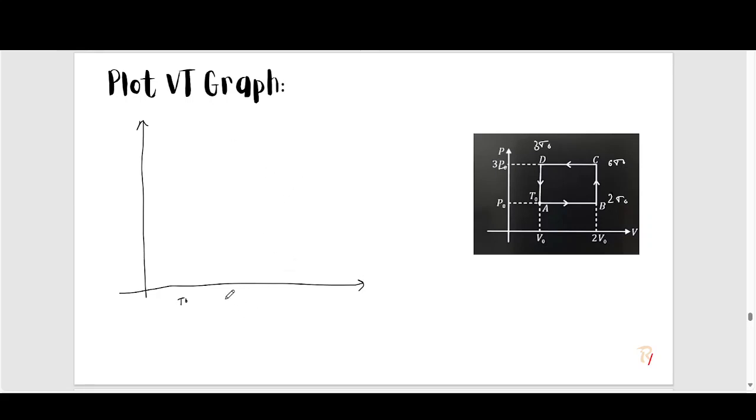T naught, 2 T naught, 3 T naught, and 6 T naught. Graph was volume versus time. Okay, and 2 V naught here and V naught here.